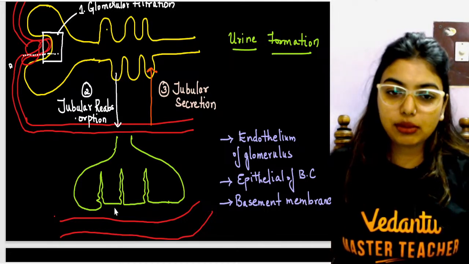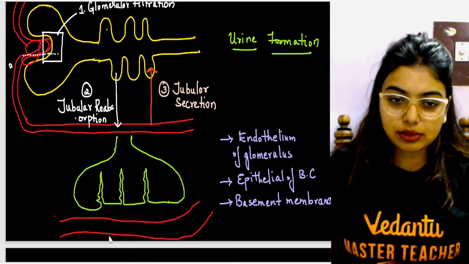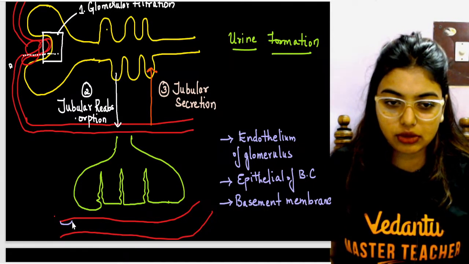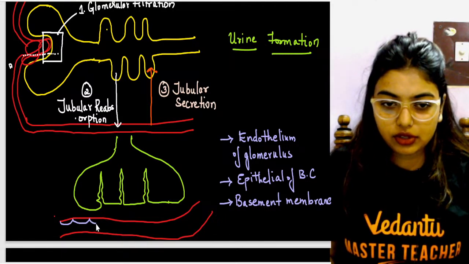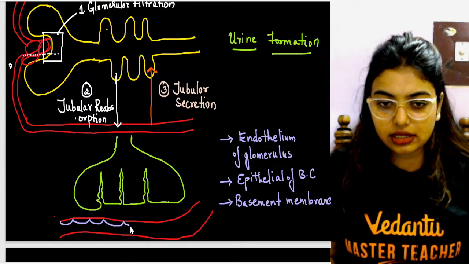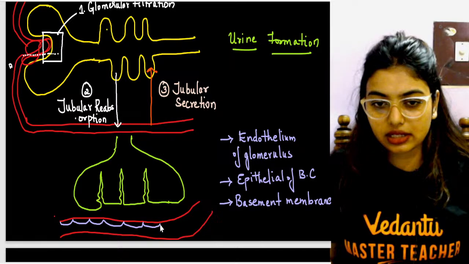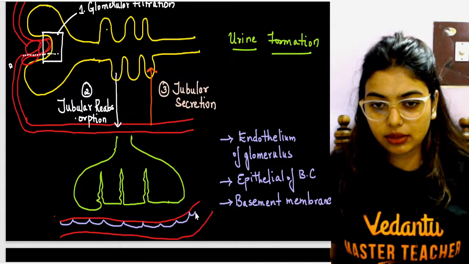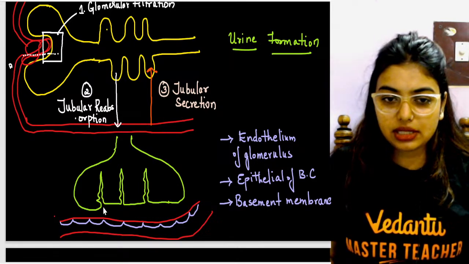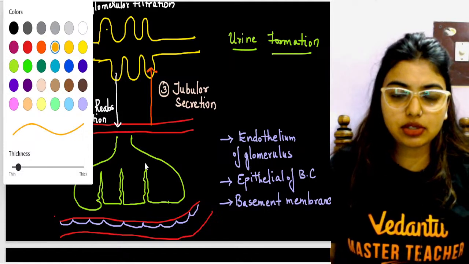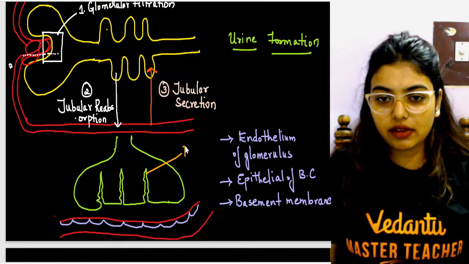So, endothelium of the glomerulus. This is your Bowman's capsule. This is the glomerulus, so this is going to be the endothelium, a layer of cells like this. Then the epithelium. These are the podocytes. Epithelium of the Bowman's capsule means podocytes. Very important.